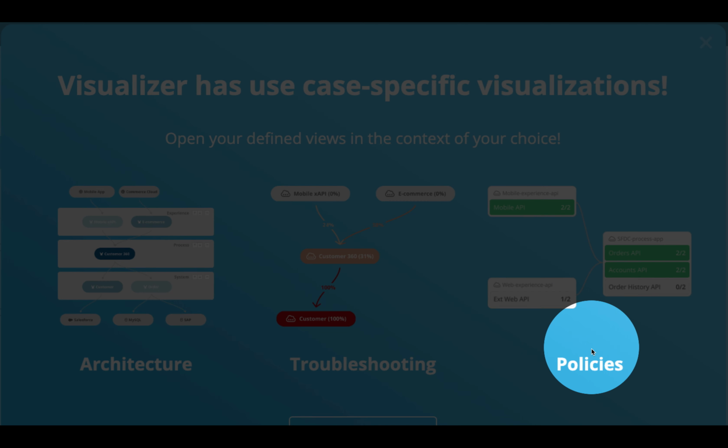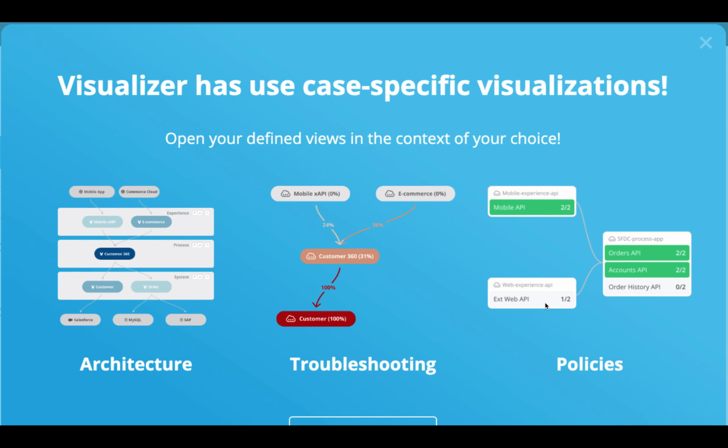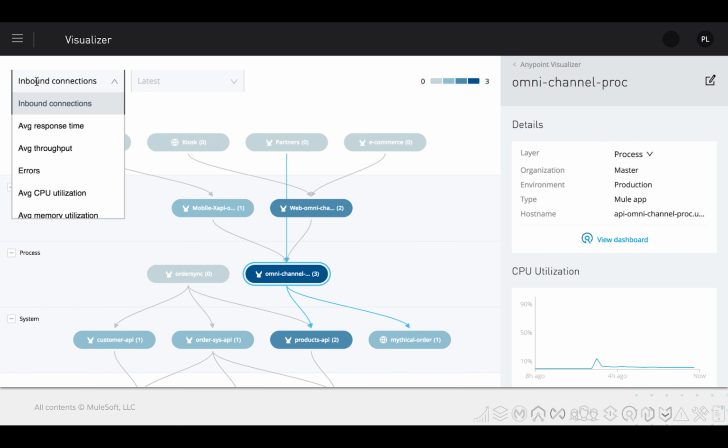And then also be able to look at our security posture and see where are policies applied, where are policies missing through the use of the visualizer. And it all starts with a graphical view into the world. And that's where our visualizer really shines.